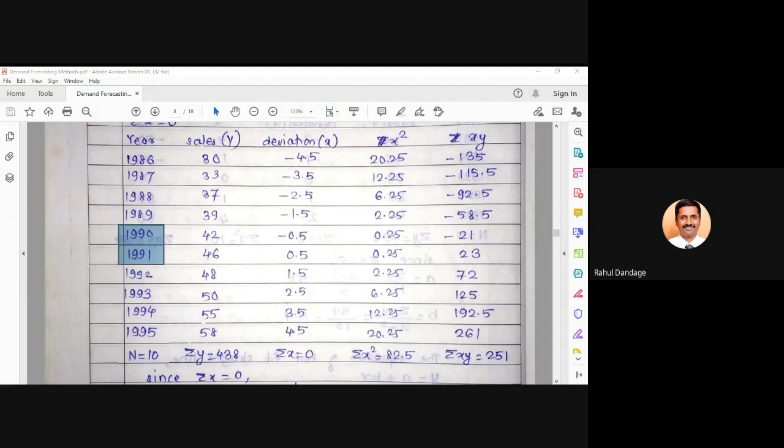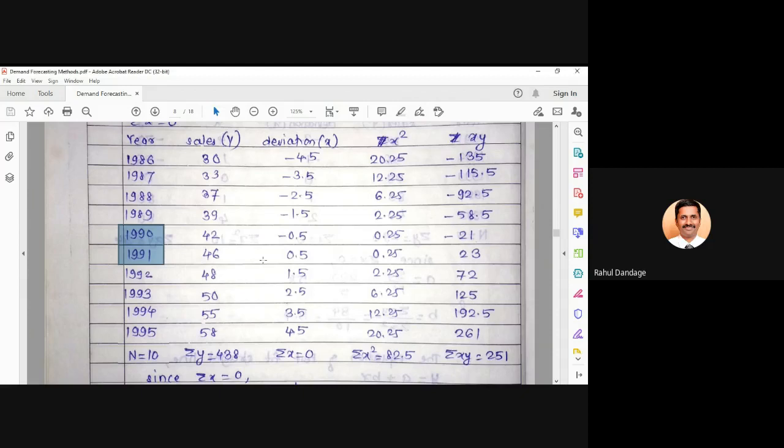So if our origin is at 1990.5, we have to calculate the deviation of all the periods from that origin, which is 1990.5. So we will just go on calculating the deviations. 1990 minus 1990.5 comes out to be minus 0.5.